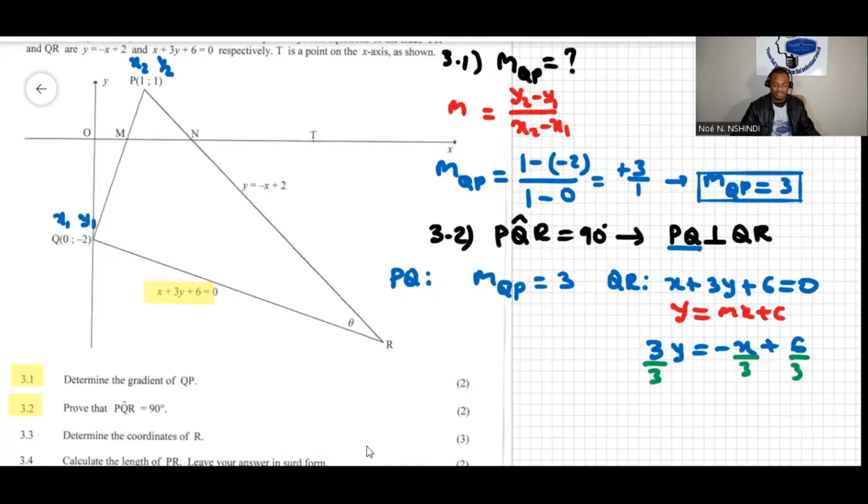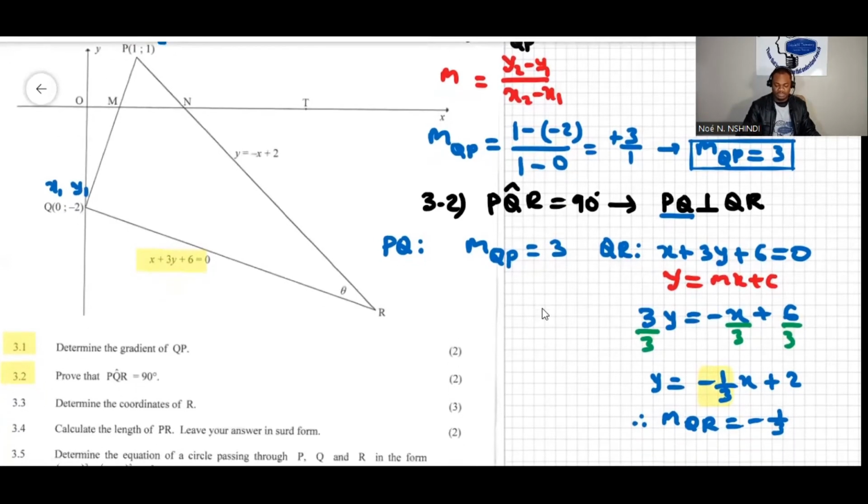This makes y equal to negative 1 over 3 x minus 2. So now we can say the gradient is negative 1 over 3. Therefore, the gradient mQR is equal to negative 1 over 3.